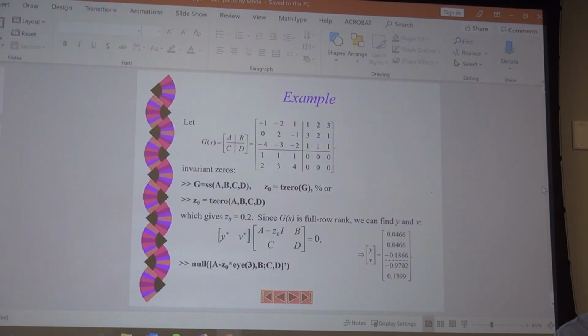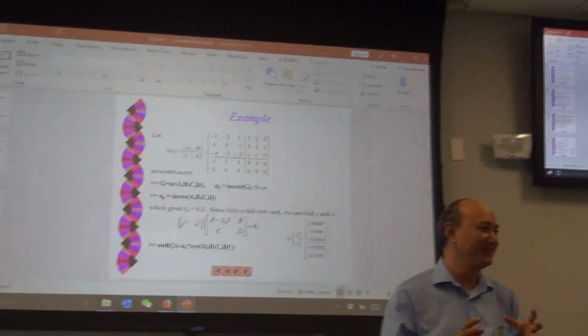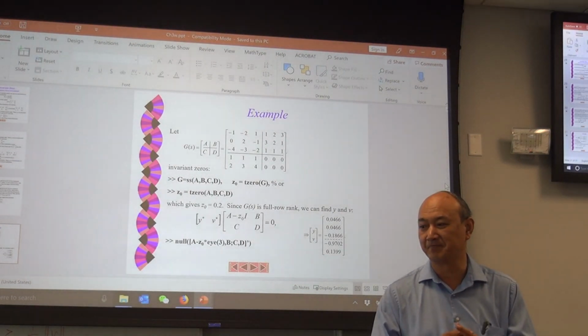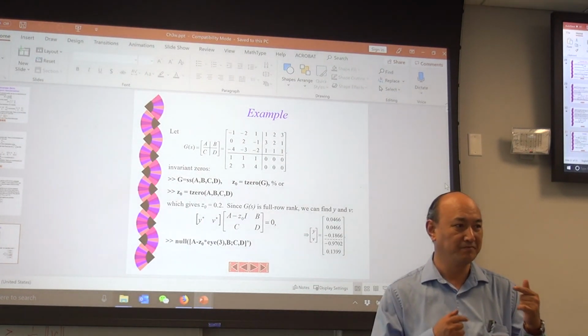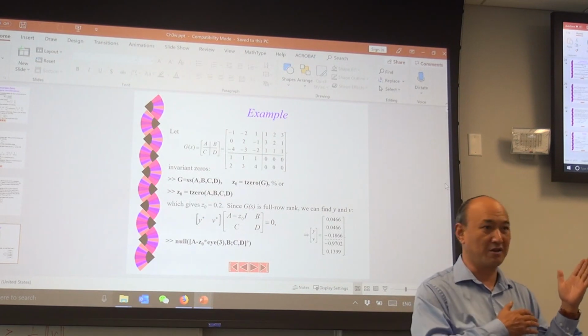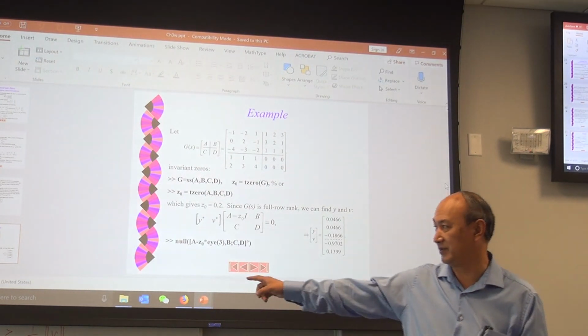LQR is quite an important block in linear systems. I think it's a better idea that I give you a self-contained module. You take a look at the LQR section. What is LQR? I already gave you a flavor.